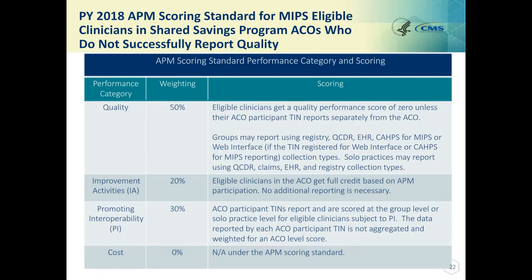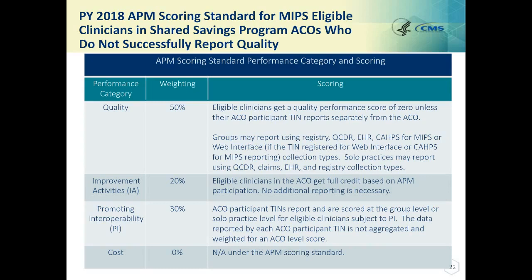Rather than being scored as an ACO, you will be scored at the participant TIN level. And those participant TINs may report only at the participant TIN level using any MIPS group scoring method that's available.